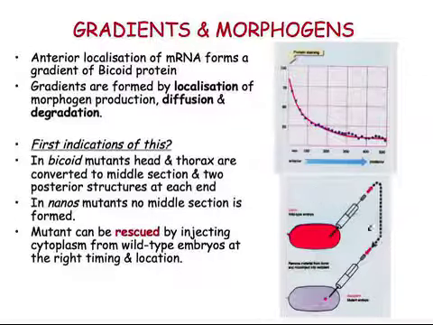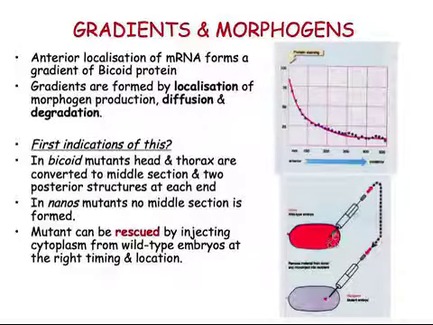So this just refers to an early experiment that was performed where they had a wild-type embryo and a mutant embryo. They did mutation treatments to the embryo, and they isolated a mutant that had certain characteristics.